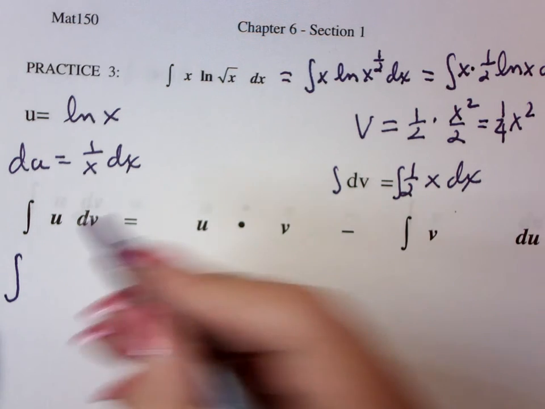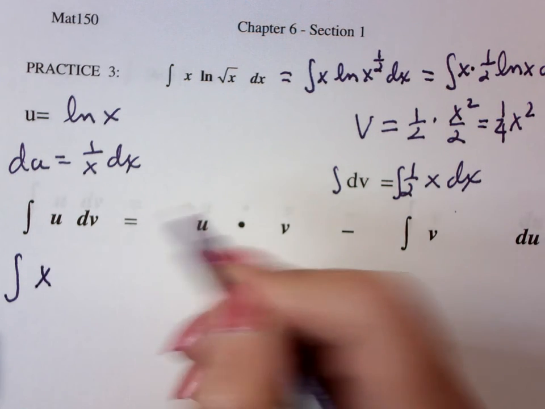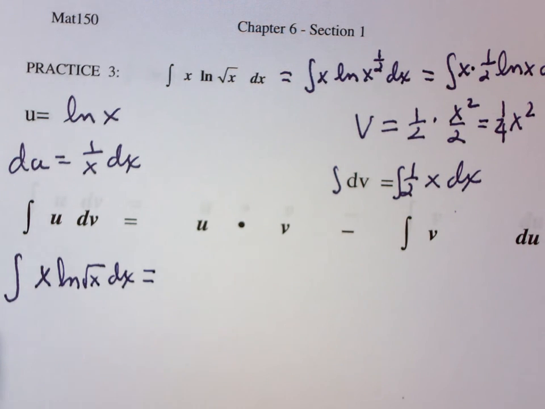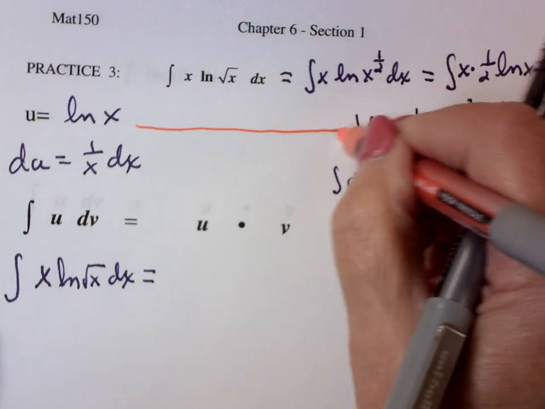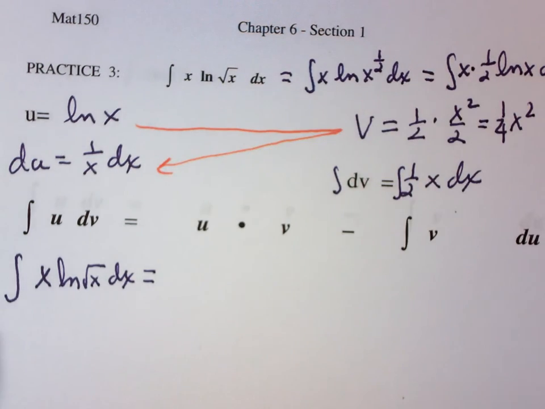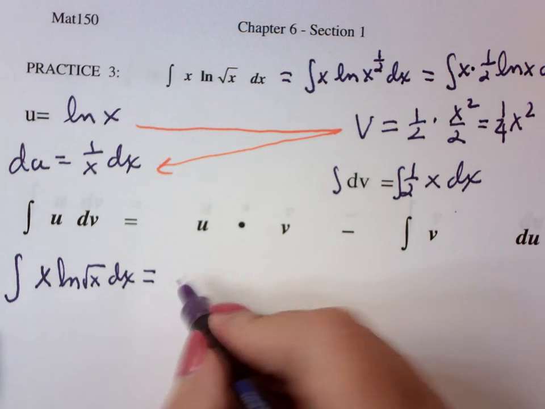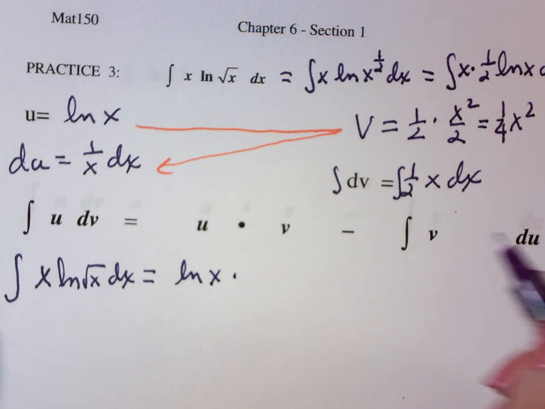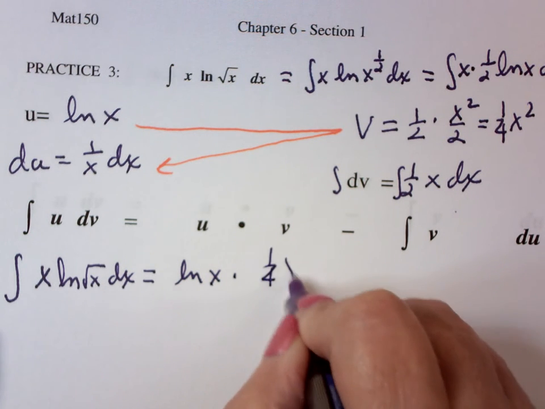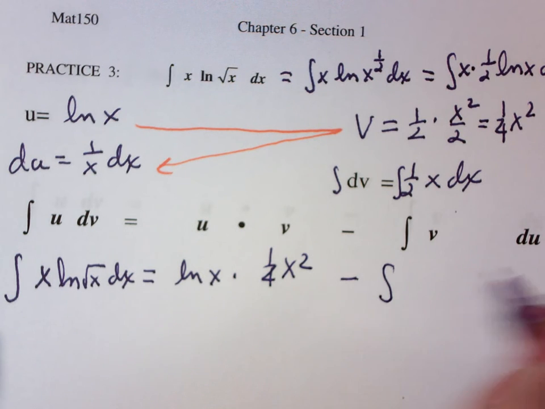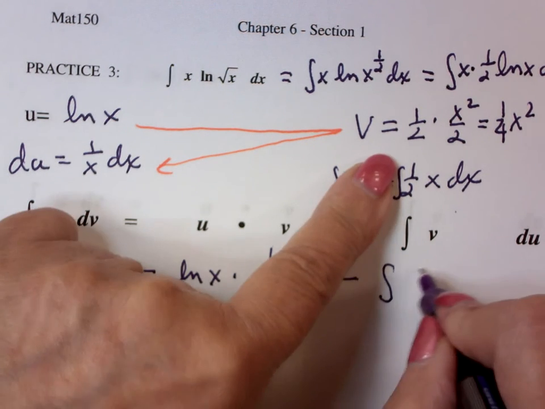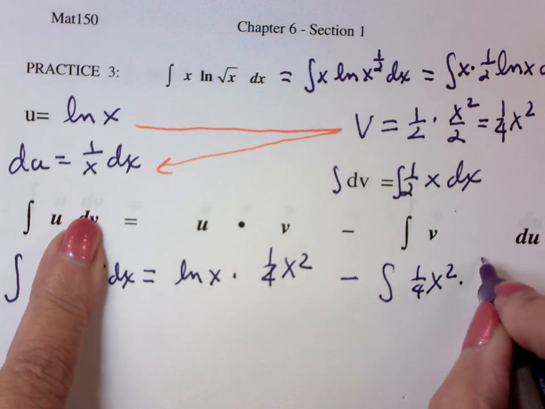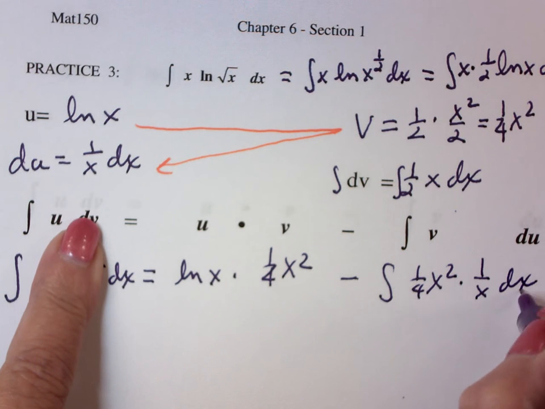So the integral of x natural log of the square root of x dx, that's the original problem, is, now I do it, u times v, which is natural log of x times 1/4 x squared, minus the integral of v, that's 1/4 x squared, times du, which is 1 over x dx.